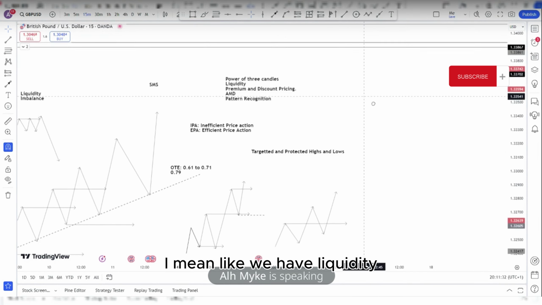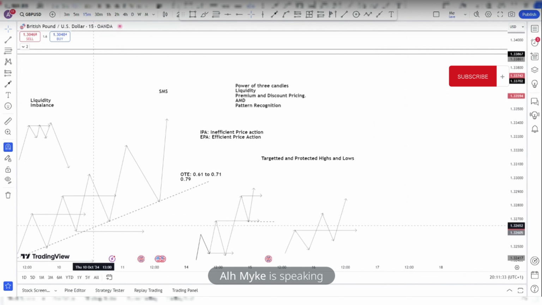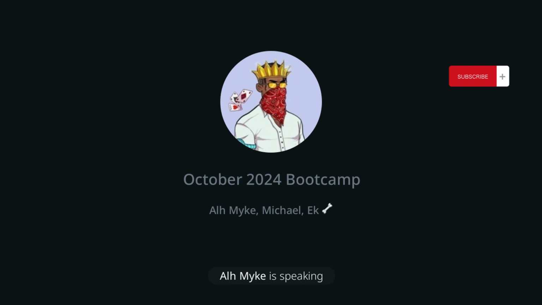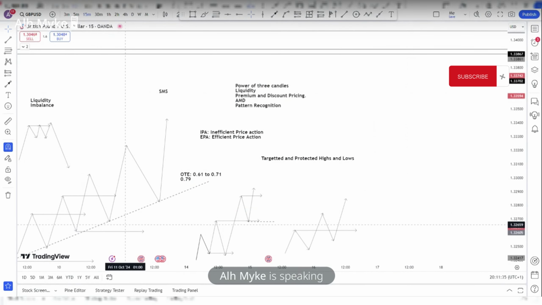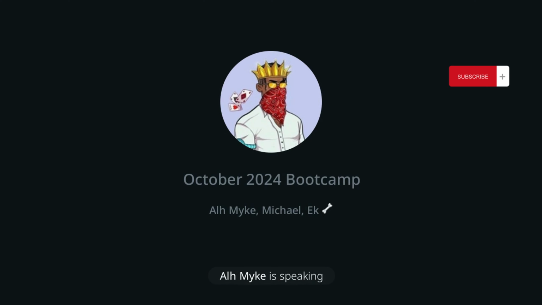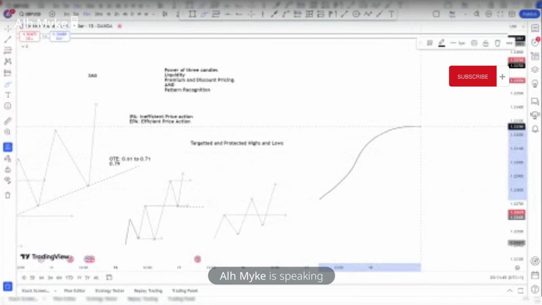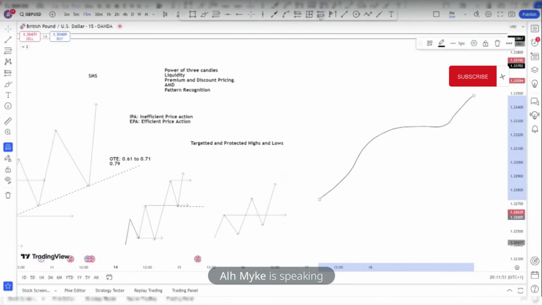It's dynamic because it isn't static. We have liquidity at a point, but the moving average moves. It looks something like this. The moving average always looks like this. Let's say something like this is how your moving average looks, and let's see the candles trading.